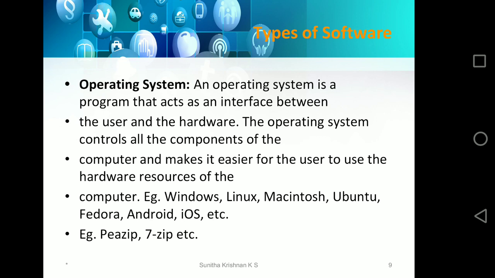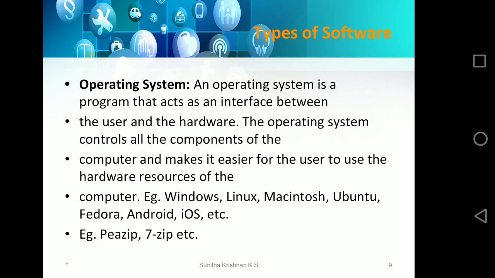An operating system is a program that acts as an interface between the user as well as the hardware. The operating system controls all the components of the hardware and makes it easier for the user to use the hardware resources of the computer. So that means the operating system is a software which interacts with the hardware, and of course the user will be interacting with the operating system.